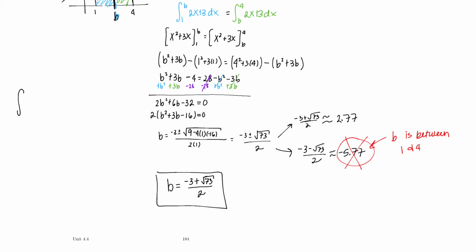So if you wanted to check this very first one for the blue area, I'm going to use the approximation, although you could use the exact number too. That would also work.